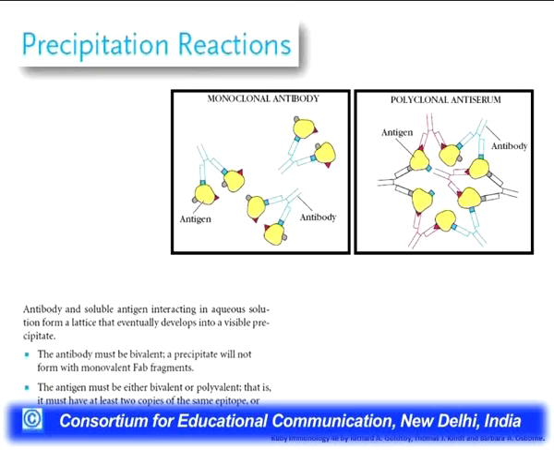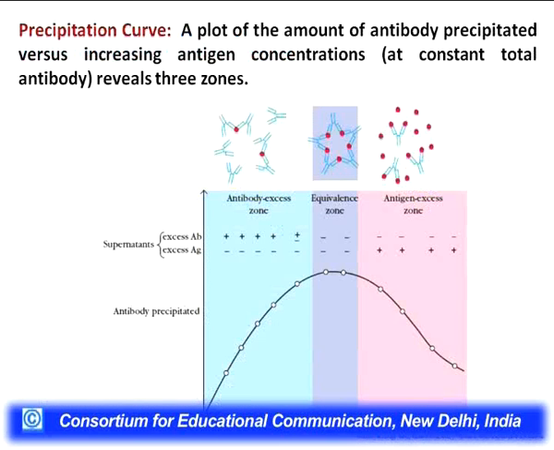Now subsequently, these precipitation reactions gave a curve called the precipitation curve, which was plotted between the antibody precipitated and the antigen added. This curve revealed three major zones into which the antibody-antigen interactions were divided. The first zone is called the antibody excess zone, where the antibodies are in much higher concentration than the antigen.